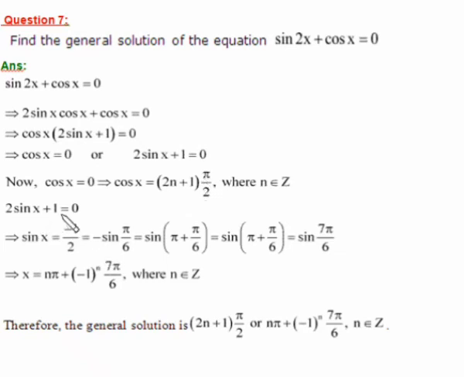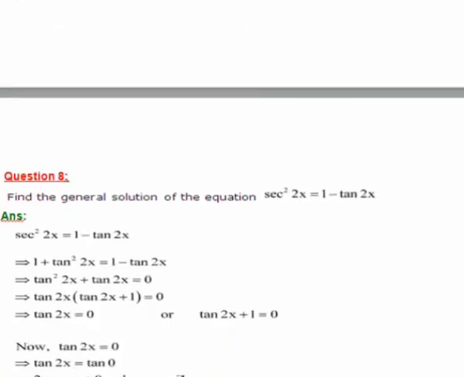When 2 sin x + 1 is equal to 0, sin x is equal to −1/2. At what value is it negative? At sin 7π/6. sin x is equal to sin 7π/6, which means x is equal to nπ + (−1)^n 7π/6. This is its general solution.